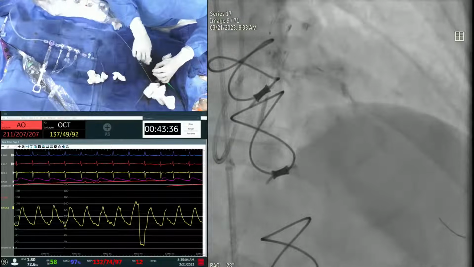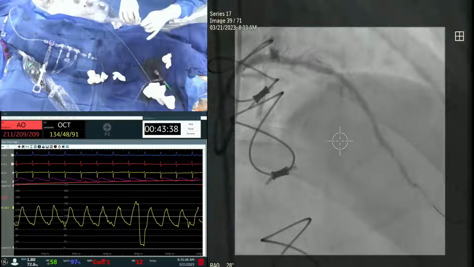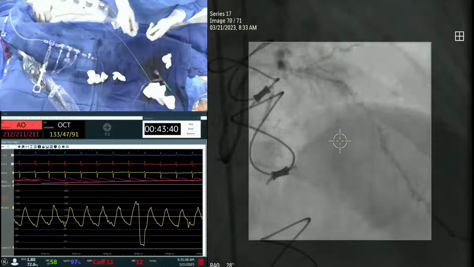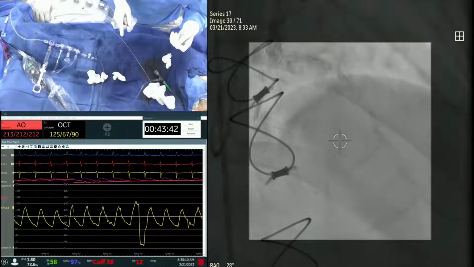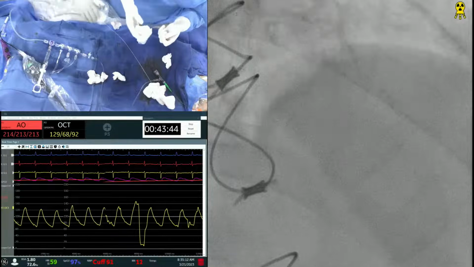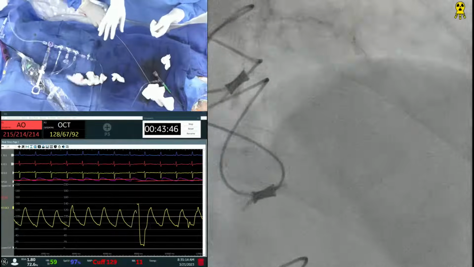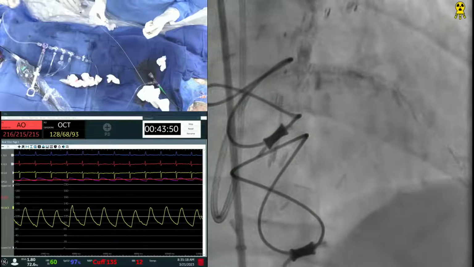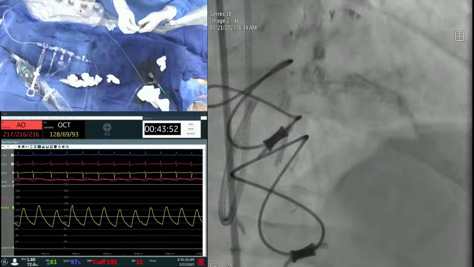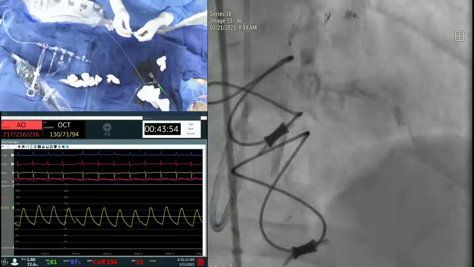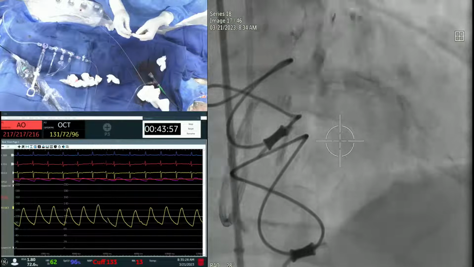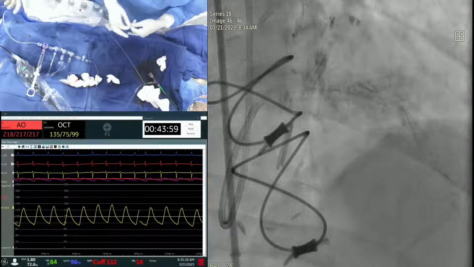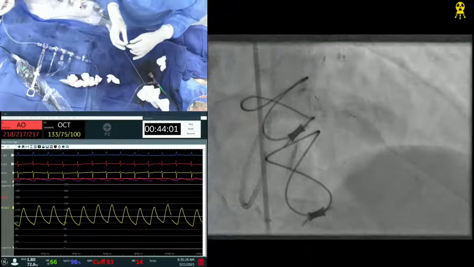So now try to see in a little magnified view. You can see it right there, that it has opened up. I have to just do a fluoro for them. See that area exactly at 12 o'clock has opened up more. People wanted to zoom in.